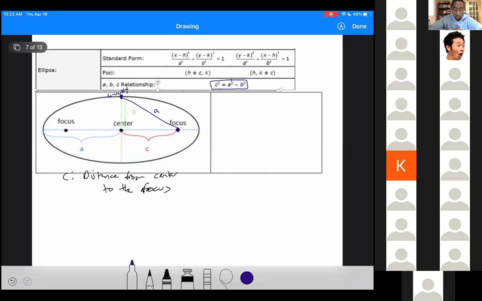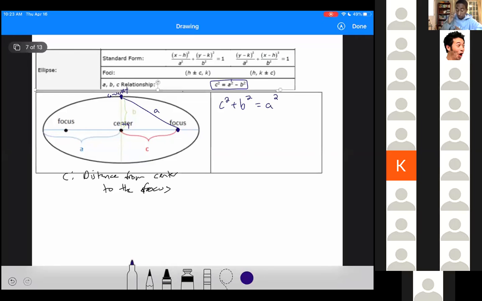What that means, therefore, is that to see the relationship between A, B, and C, we have a right triangle right here, and we can use the Pythagorean theorem. But now it's not our traditional A, B, and C, because usually C we represent as the hypotenuse. So we're just going to use A as the hypotenuse. So it's going to be C squared plus B squared equals A squared.